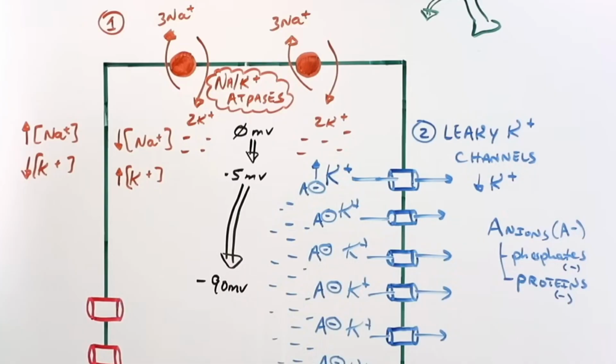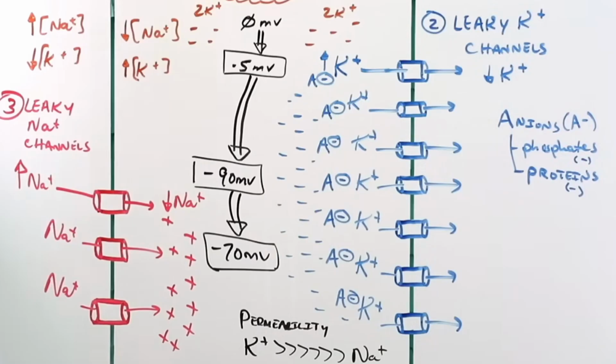So the question remains, why do most textbooks say that the resting membrane potential is negative 70? Well, the answer is the third factor that we have for our resting membrane potential, which is our sodium leaky channels. So besides the potassium leaking out, we have sodium leaky channels leaking in.